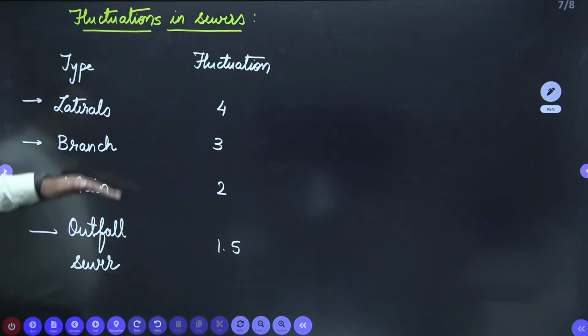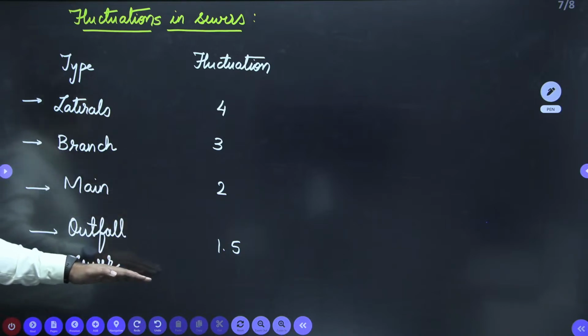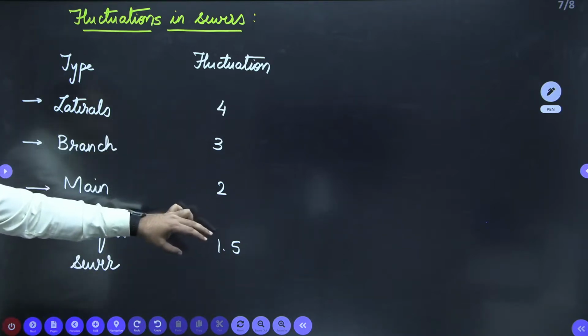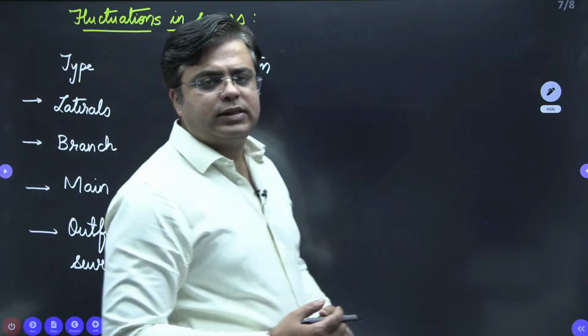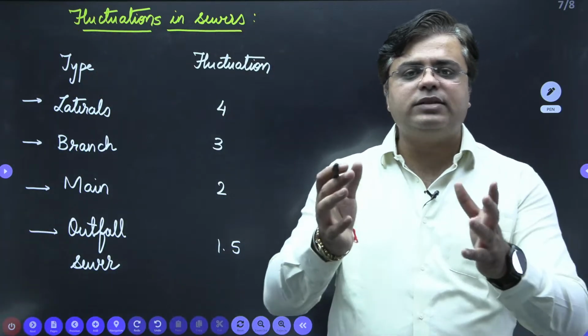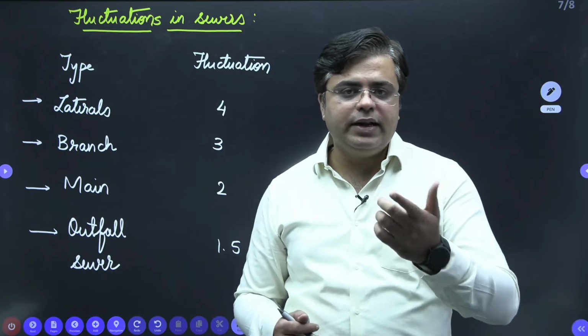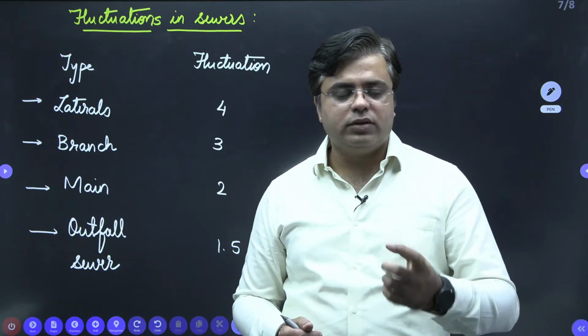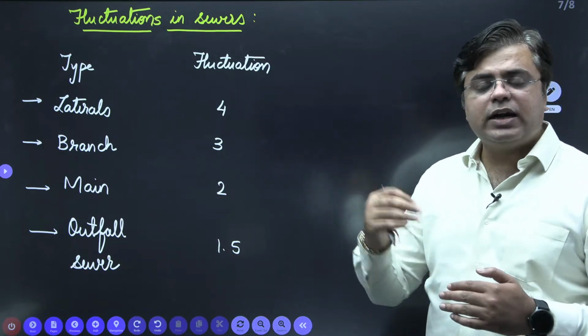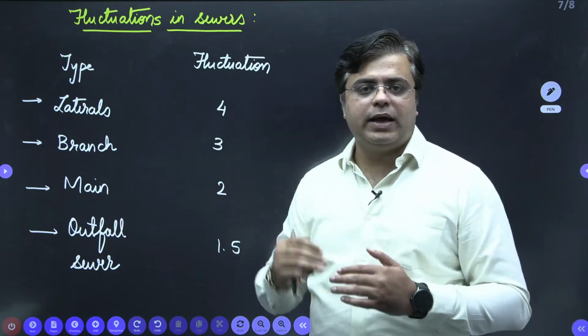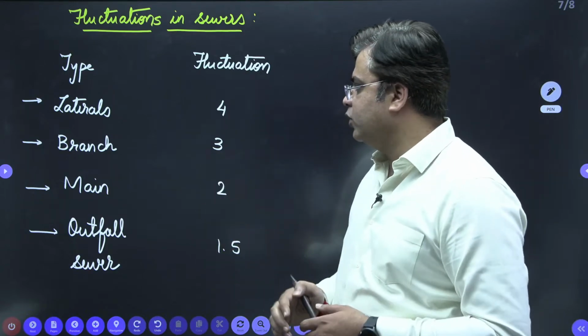As you can see, as the size of the sewer is increasing, the fluctuation in the wastewater is also decreasing. So, this is the common concept of statistics, whenever you increase the sample size, your standard deviation decreases, right. This fluctuation is nothing but how much the discharge is exceeding from the average value. That is what we mean by fluctuation, okay.